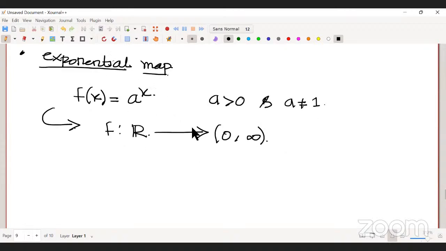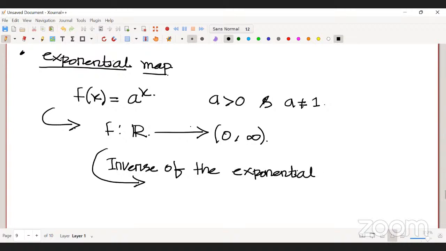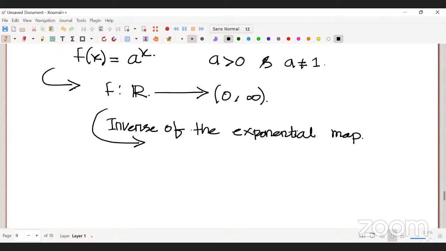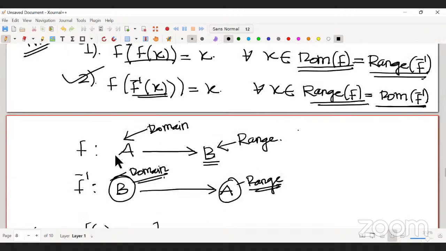So the logarithm map is nothing but the inverse of the exponential map. So log base a is a map from 0, infinity to R. As I said, the domain of f and f inverse get interchanged, right?